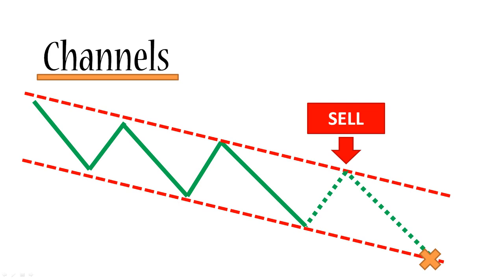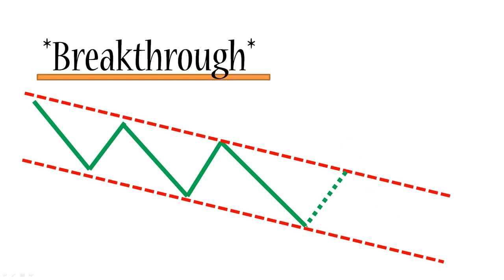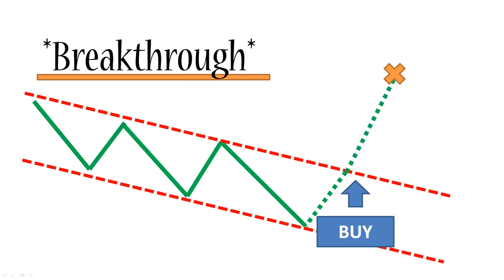But sooner or later, of course, the price will break the channel. And that's why there's an alternative strategy where, instead of opening a sell order, you would open a buy order, and you would expect the price to go somewhere out of the channel. You would use this strategy when your other analysis is telling you that this channel is getting too old and the price is going to break through it.